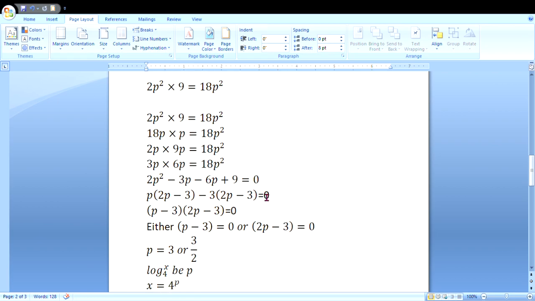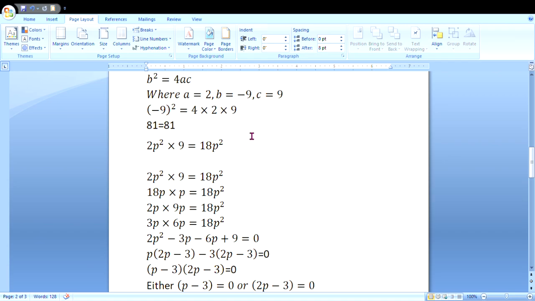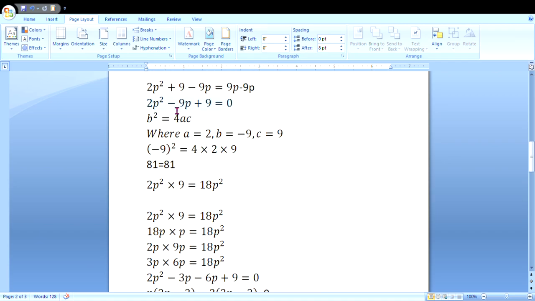Now we are going to look for an expression that can replace minus 9p. So if we add these expressions or subtract them, it will give us minus 9p, and at the same time, if we multiply the two expressions, they will also give us 18p².